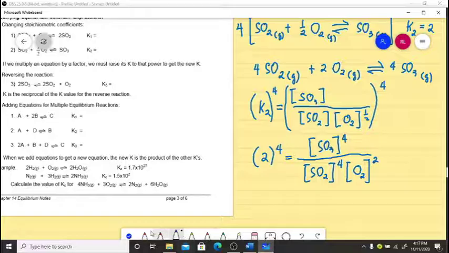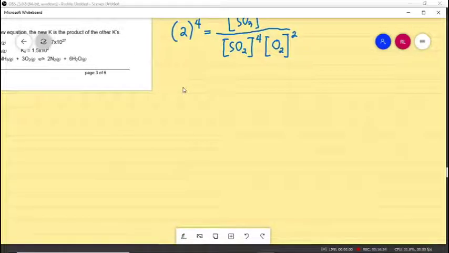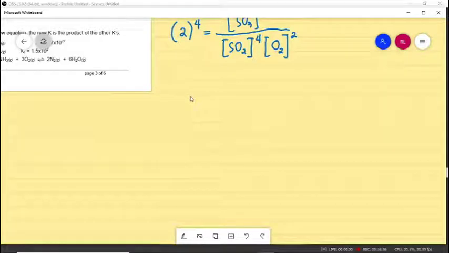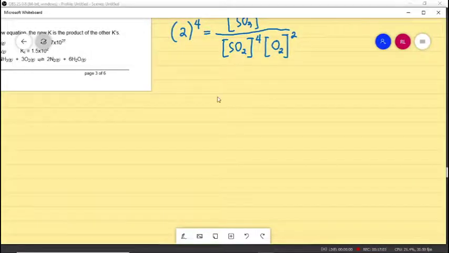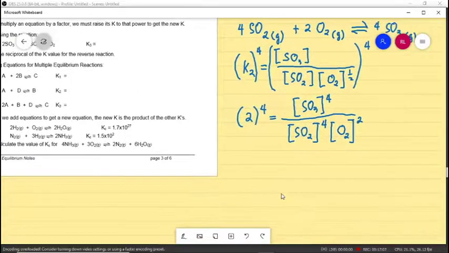Okay, how about if we multiply equation 1 by 2? Okay, what is our equation 1? Let's copy equation 1.